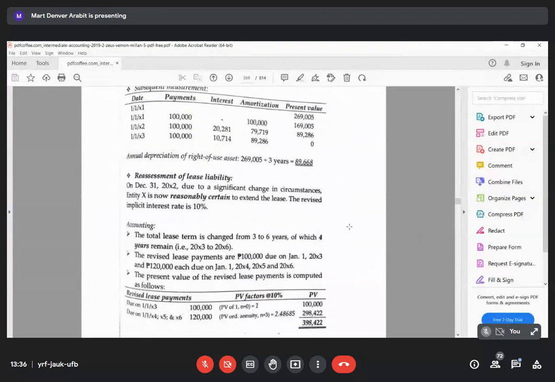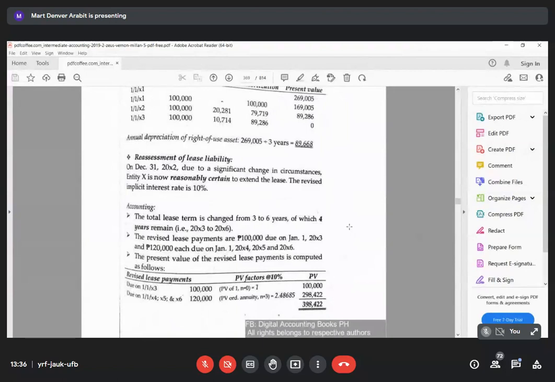So accounting, the total lease term is changed from 3 to 6, of which 4 years remain, kasi yung first two is already consumed since on December 31, 2022 ma-assess niya na reasonably certain na niya na i-extend yung lease. Okay?